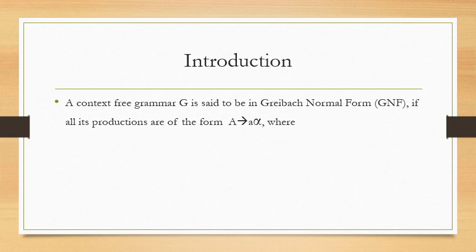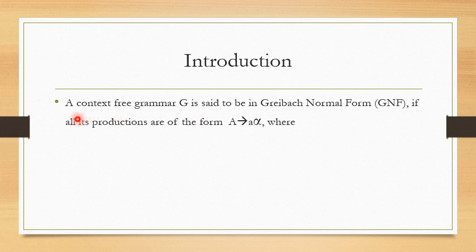In GNF, we can say that a non-terminal can derive a single terminal followed by alpha, where this alpha is nothing but a collection of non-terminals. So if the grammar production is of this form, then we say that the given grammar is in Greibach normal form.